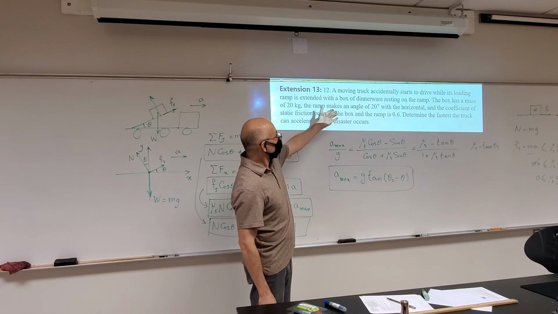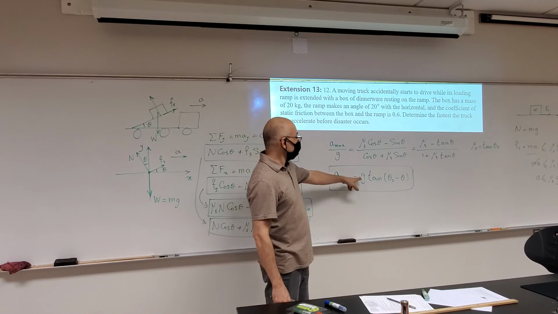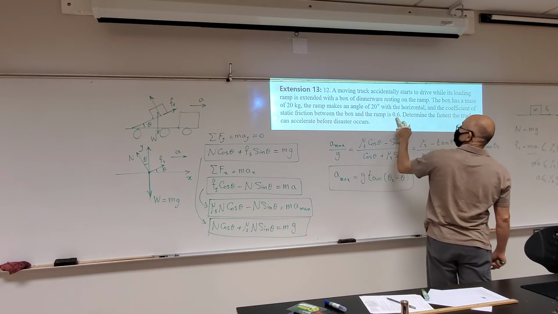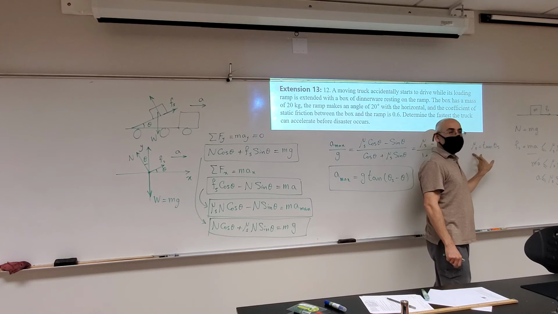All right? And now you can plug in the numbers to get the acceleration. So g, now what is mu s? Mu s is 0.6, right? What is theta s? Tan inverse of 0.6.